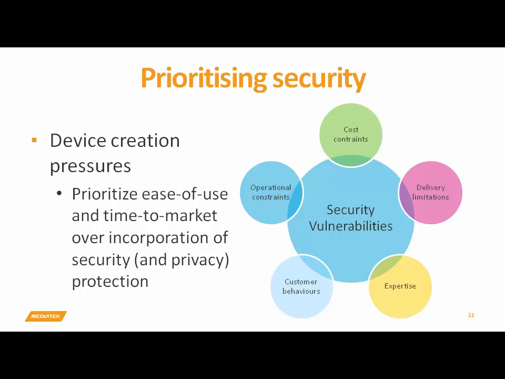And what I've done there is I've created a diagram that shows you the security vulnerabilities at the heart of everything, and then the pressures from cost constraints, operational constraints, delivery limitations, customer behavior, and expertise all pressurize the amount of effort and activity you need to do to make your product secure.